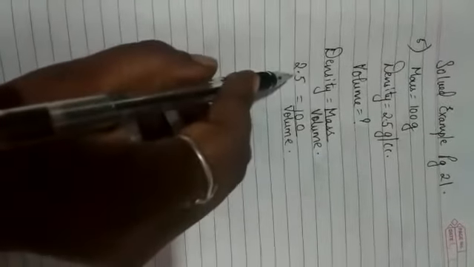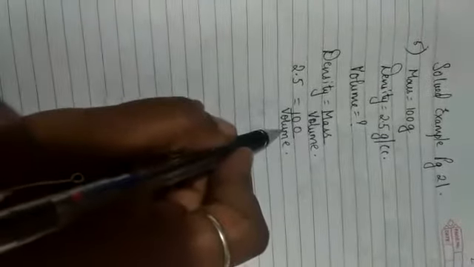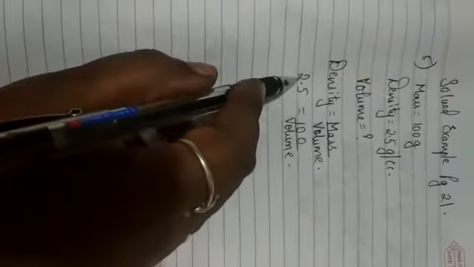Okay, so now why am I showing you the sum? Because in your textbook they have given the shortcut method, so you may not understand how you have got the answer. So I am solving it and showing it to you. Now here the volume is in division, so it will go to the other side and become multiplied.